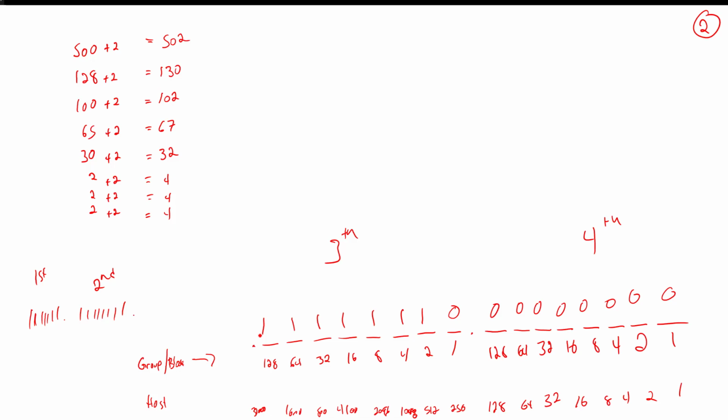This tells us two pieces of information. This tells us our subnet and our group or block. Our subnet is 8 plus 8, that's 16, 17, 18, 19, 20, 21, 22, 23.